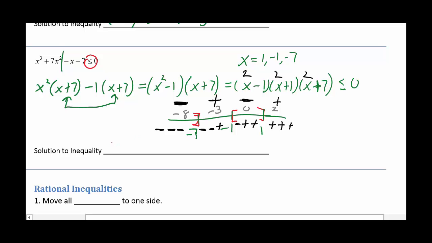So my solution is negative infinity up till negative 7, and then negative 1 up till 1. Okay, and I put brackets on there because it said less than or equal to. So the or equal to piece means I want to include my endpoints, which is why there are brackets on those values.